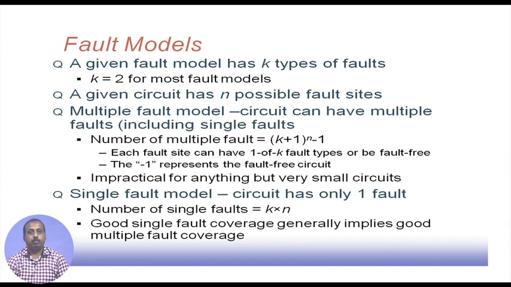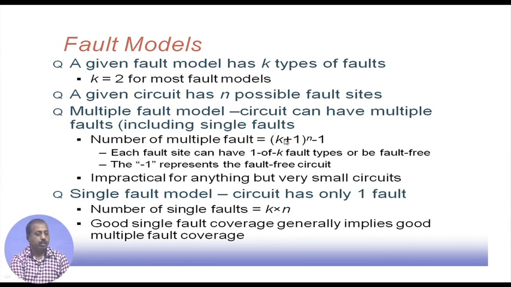If out of these n sites, m of them are faulty, each of these n sites can have one of these k faults, or the site may be fault free. As a result, a line can be in any of these k plus 1 possible states.